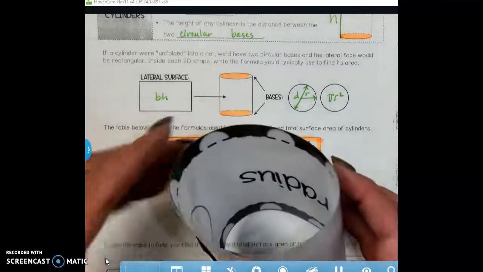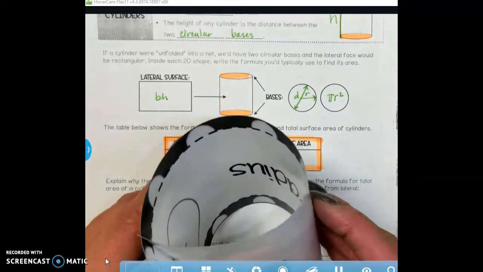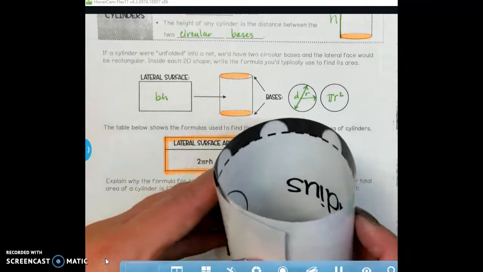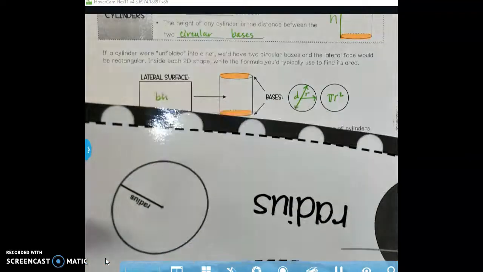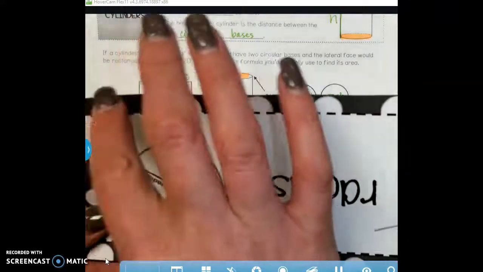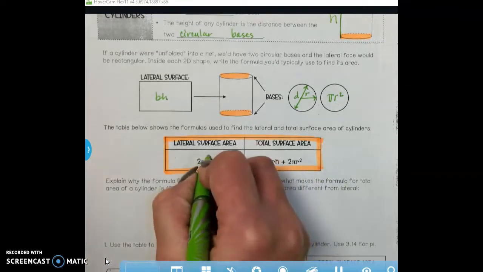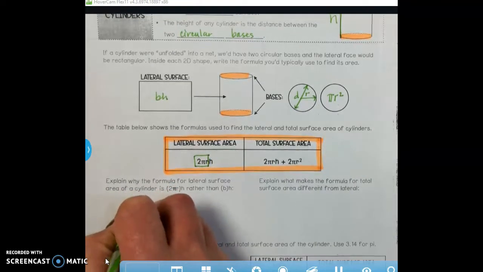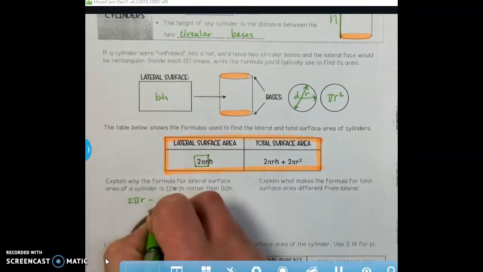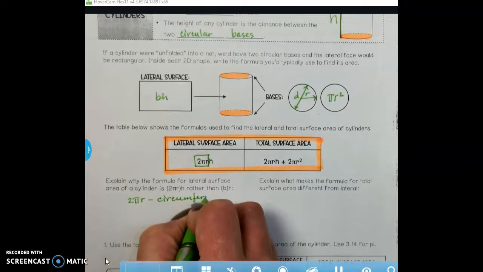So when we say the lateral surface unfolded, it's surrounding your can or whatever container you're working with, and then you unfold it, and it is a rectangular strip of paper or material. So if you take a closer look right here, 2 pi r is the same as circumference.